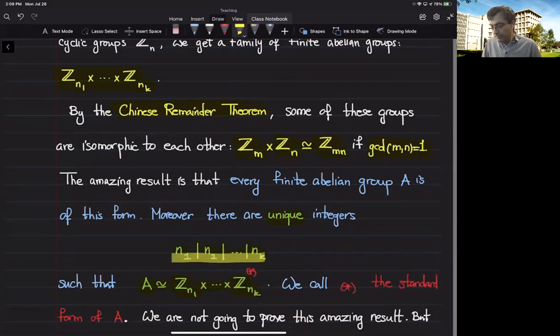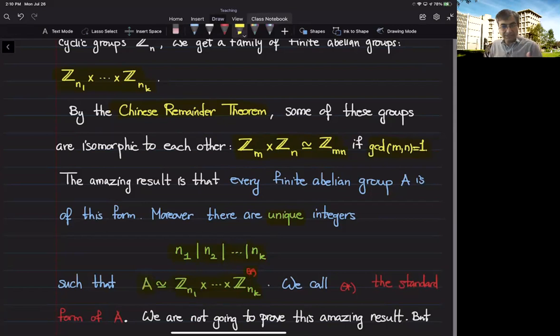So this additional condition gives us a way to get rid of phenomena like this. And now there is a unique set of integers n sub i such that this abelian group is isomorphic to Z sub n1 cross ... cross Z sub nk, and each n sub i divides the next one. We are going to call this form of abelian group the standard form of the abelian group A.